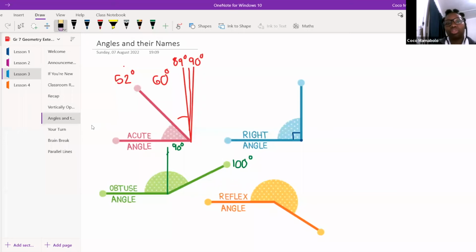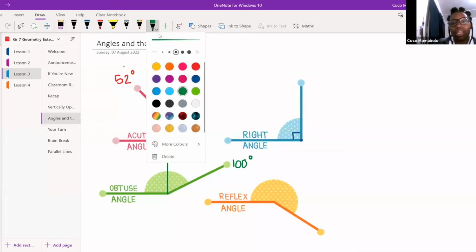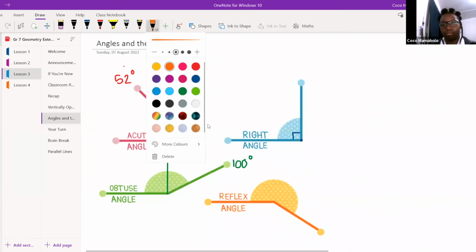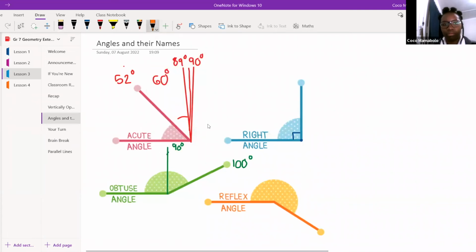Nelisa, can I ask you to unmute and explain what a reflex angle is? Ma'am, a reflex angle is an angle greater than 180 degrees but less than 360 degrees. Excellent. Give me an example. 160.